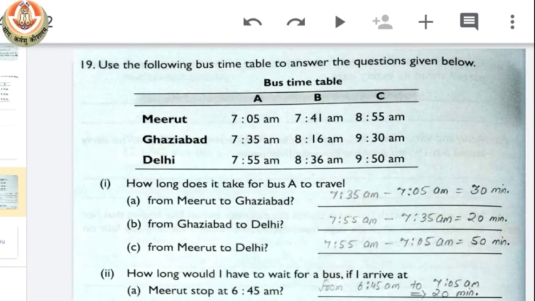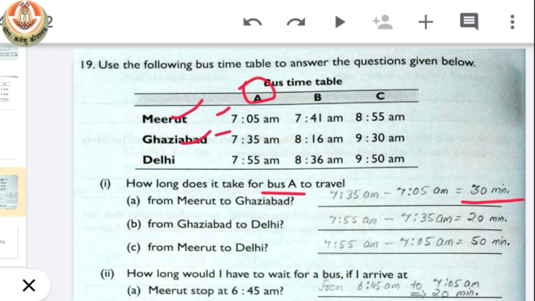Next question is, we have to use the given bus timetable and answer the following questions. For bus A, how long does it take to travel from Meerut to Ghaziabad? You can see here, this is bus A and it starts at 7:05 a.m. and reaches Ghaziabad at 7:35 a.m. So in total it takes 30 minutes to reach Ghaziabad from Meerut.